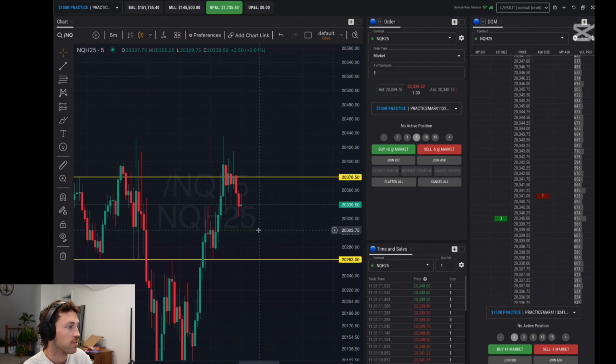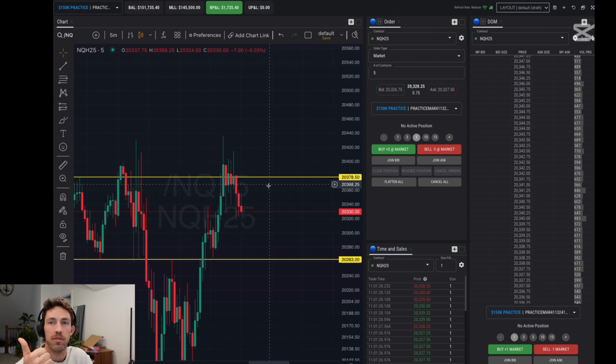So we know exactly where our risk was. We knew exactly what our plan was, which was what our entry was, and we were expecting this to go down, and it did because it was failing off this key level that we drew in the morning. And then once we were in profit, we moved our stop loss to break even, which is super key because we don't want to turn a green trade into a red trade.